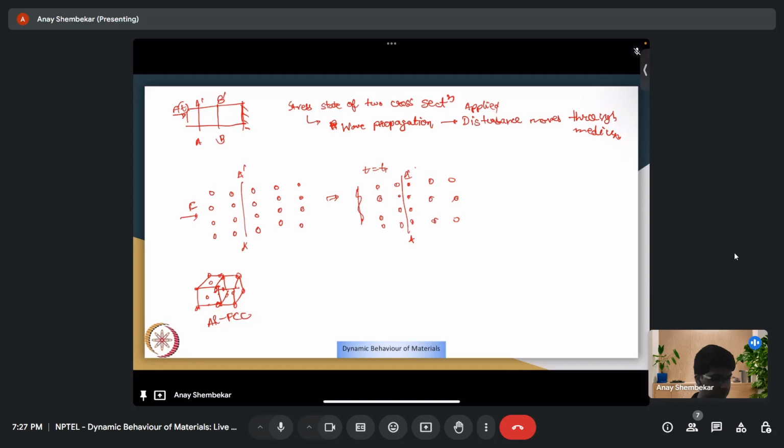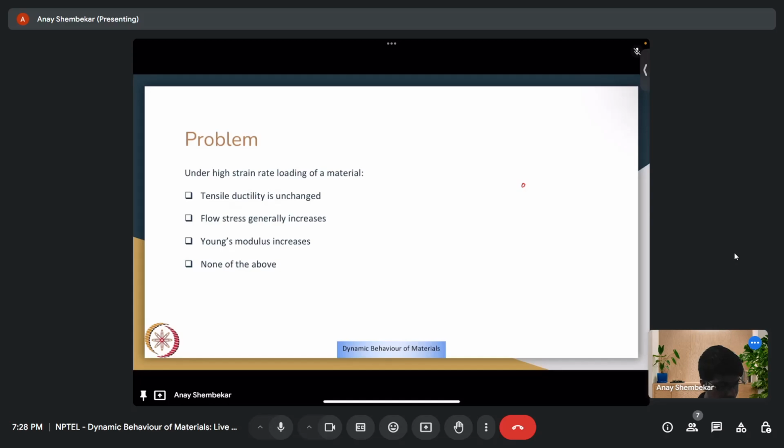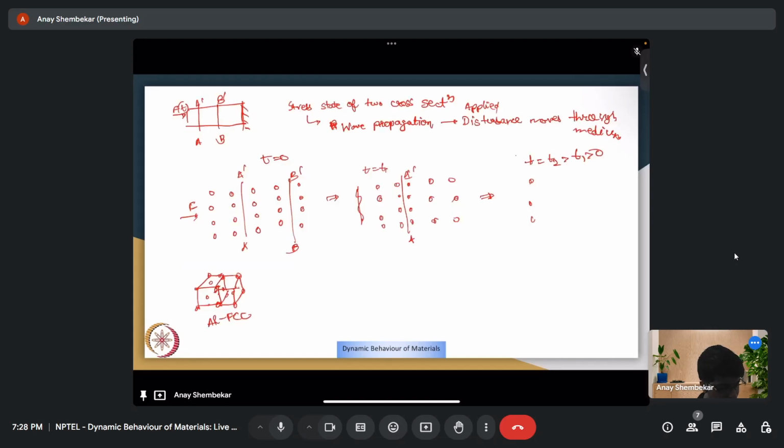No disturbance may be seen. And if I see it at time t equal to t2 greater than t1, you may have a case where A dash relaxes, or rather even undergoes some sort of rarefaction, and then BB dash is compressed.